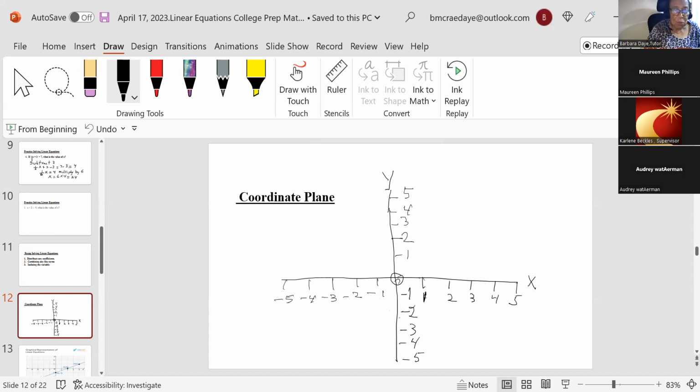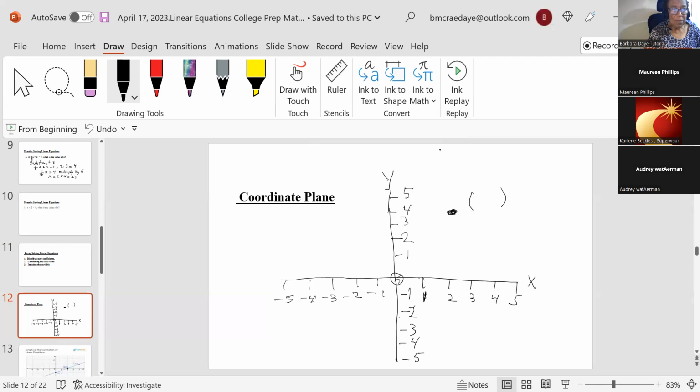So if I gave you, let me just mark a point here. Let me take the 2 and put it here. We have a point right here. Maureen, what's the value of that point? Give me the x and the y. What's the value of x at this point on the coordinate plane?